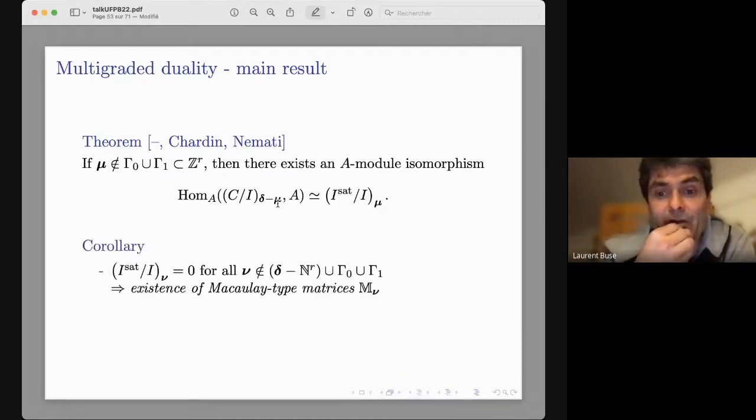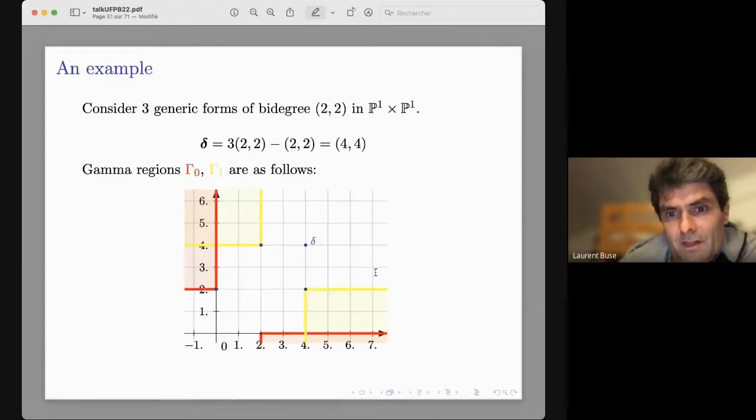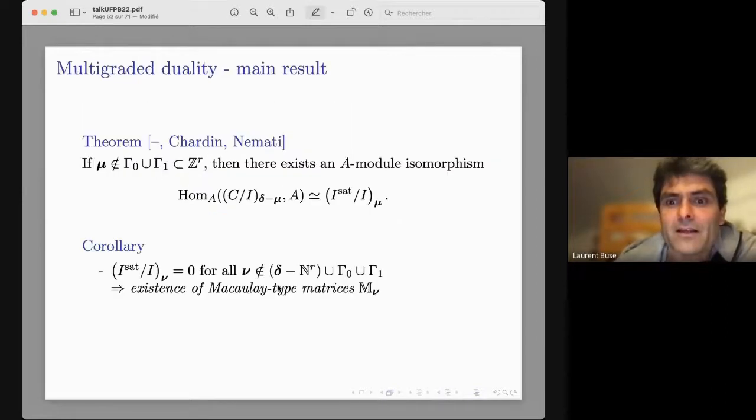So what are the consequences? For instance, you see that I sat mod I in degree nu is equal to 0 for all nu that are not in the lower square with respect to delta, union gamma 0, union gamma 1. If I come back to the previous picture, that means that if you remove the yellow, the red, and this square here, that I can describe with my mouse, then outside this square you have exactly that I sat mod I is equal to 0.